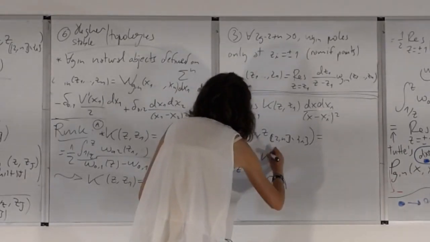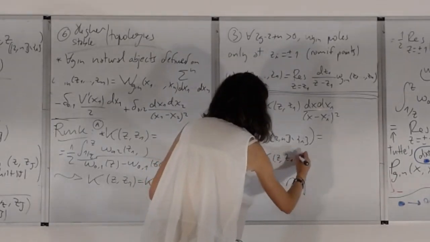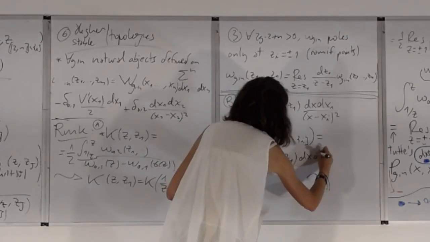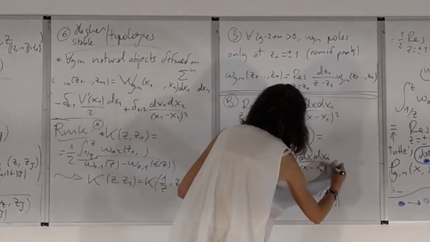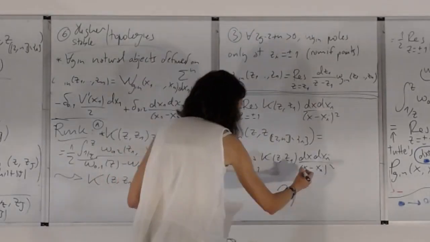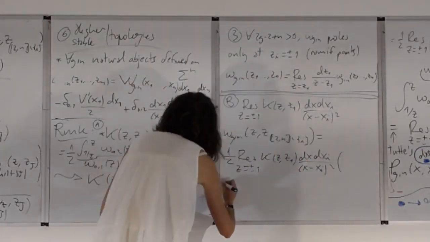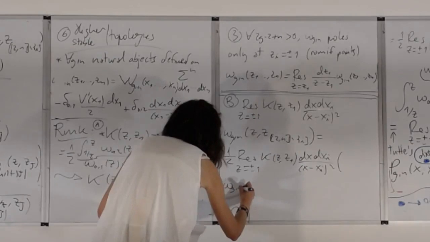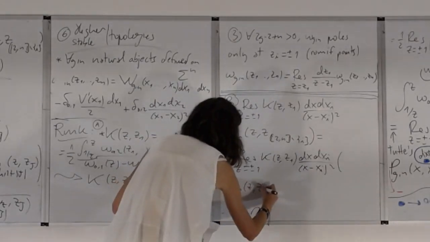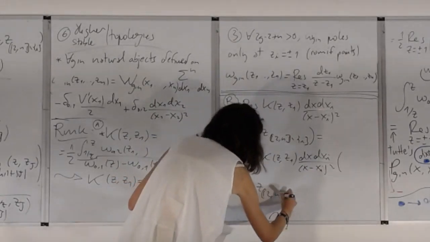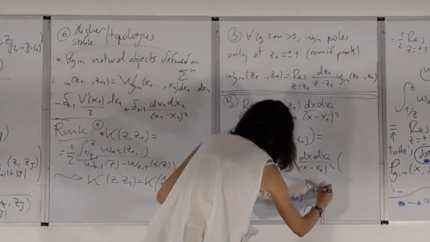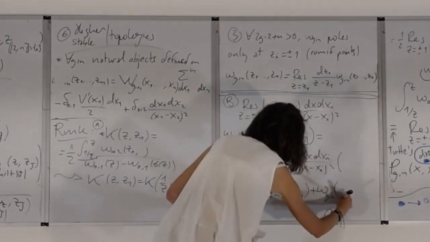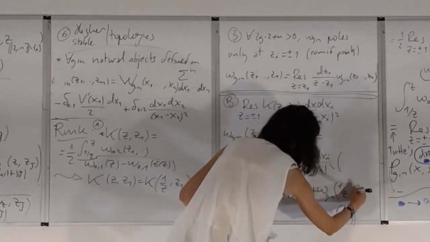So we get the thing that stays the same, and we get multiplied by this guy plus this guy with 1 over z, and the same in here.